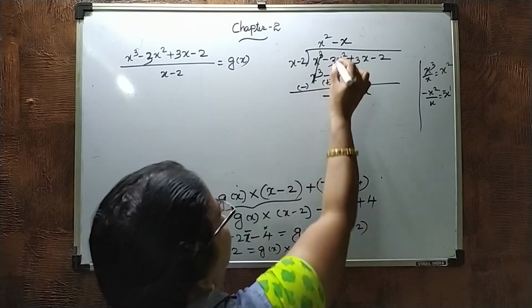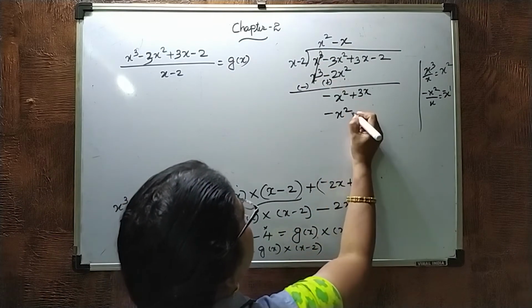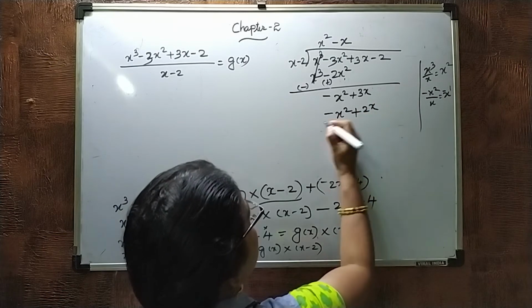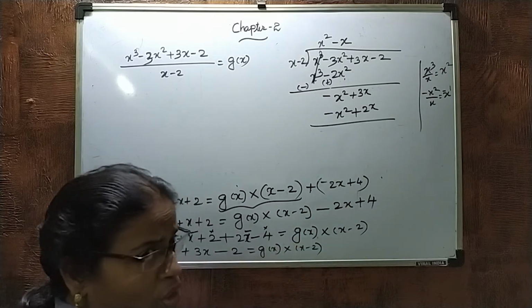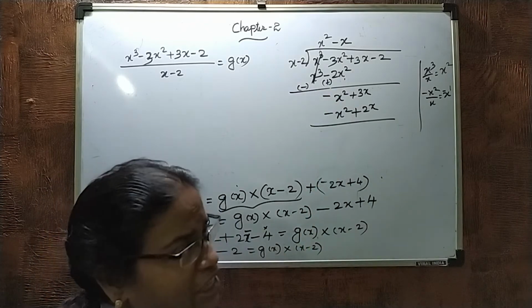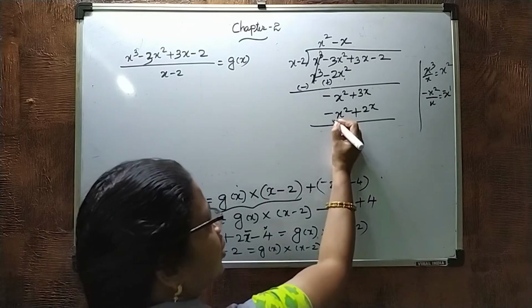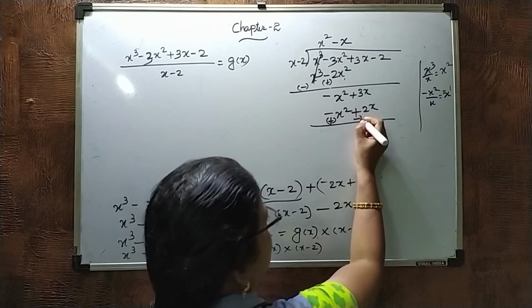Again you have to multiply minus x into x, minus x square, then minus into minus, plus 2x. Take the inverse. Now look, when it is cancelled, they take the first term as the same, only with the sign also. When you take the inverse, it will be cancelling. So here it is minus.